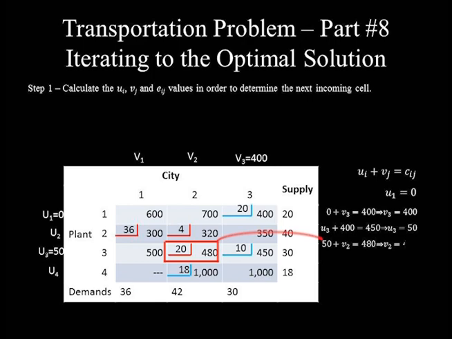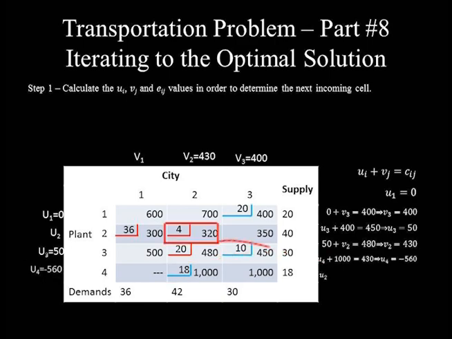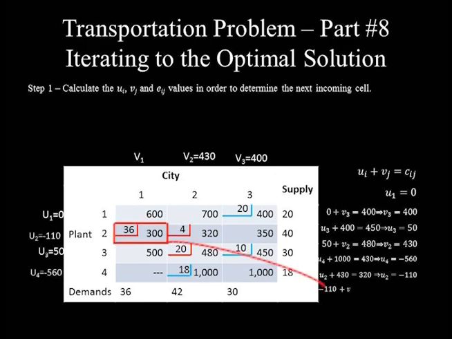This implies V2 is equal to 430. U4 plus 1000 is equal to 430. This implies U4 is equal to negative 560. U2 plus 430 is equal to 320. This implies U sub 2 is equal to negative 110. And negative 110 plus V sub 1 is equal to 300. This implies V sub 1 is equal to 410.